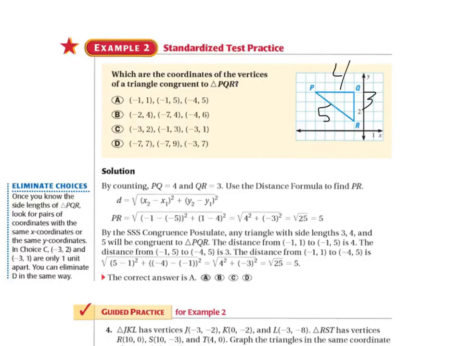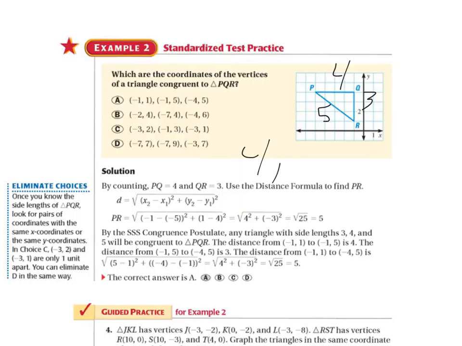So you can go back in. If you look at letter A, you can see here that we have -1, 1, -1, 5. So the distance from those, we have the same x value here, so we can just look at the y value. That's going to be 4. Okay, so our first side is going to be 4.